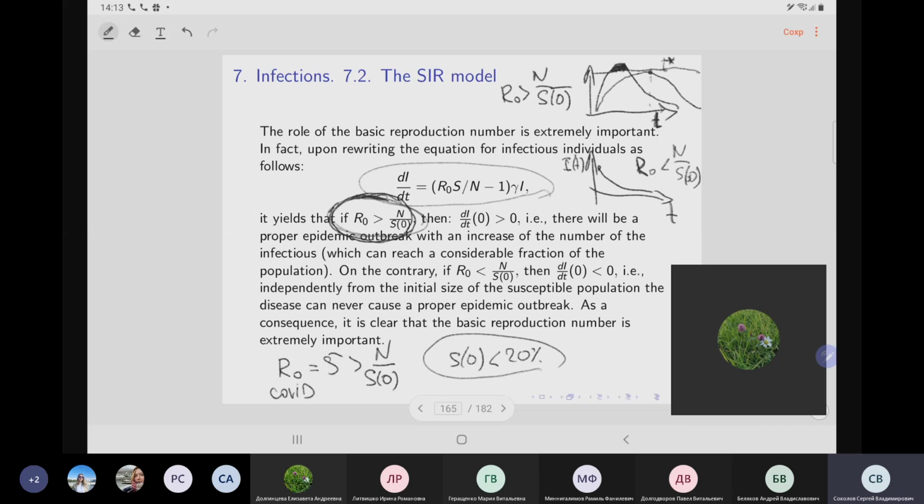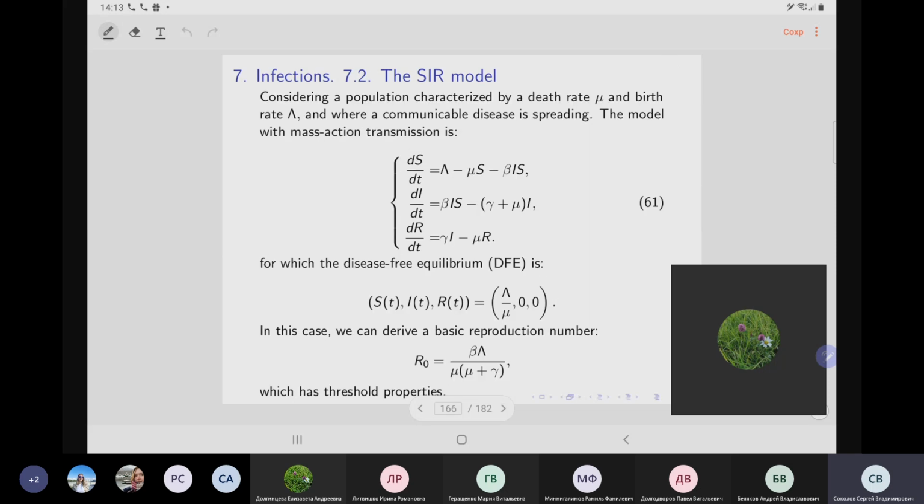Well, there are a lot of expansions of the SIR model, a huge number of different expansions. First of all, what should we consider?